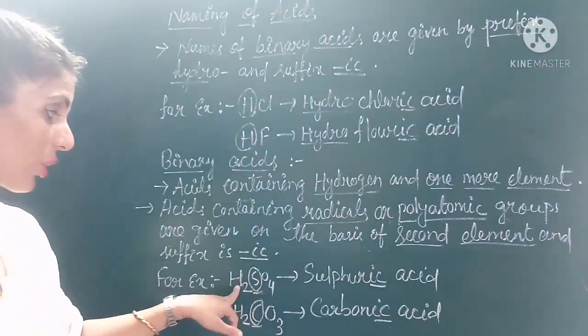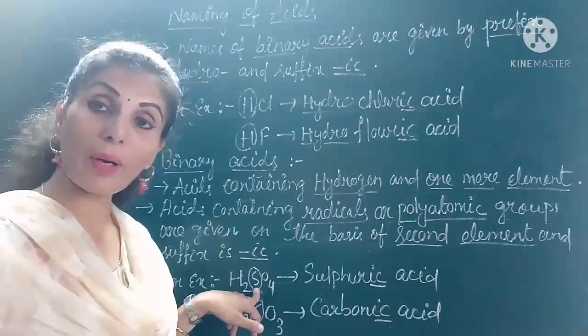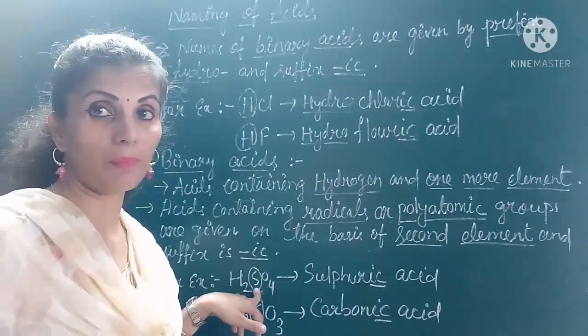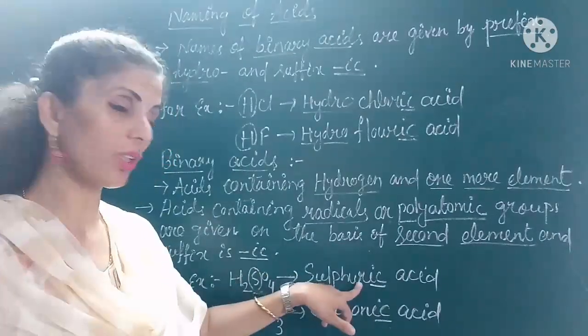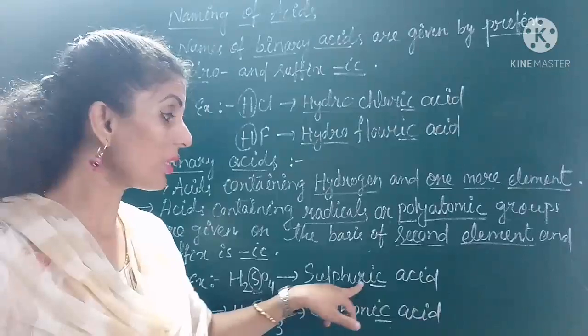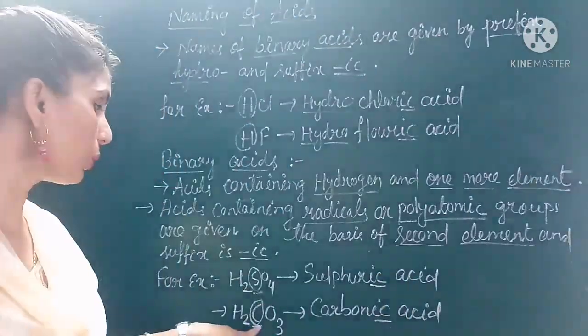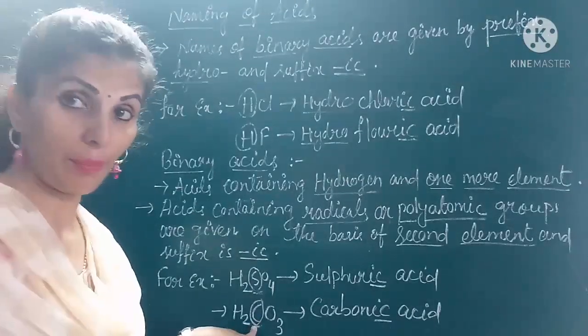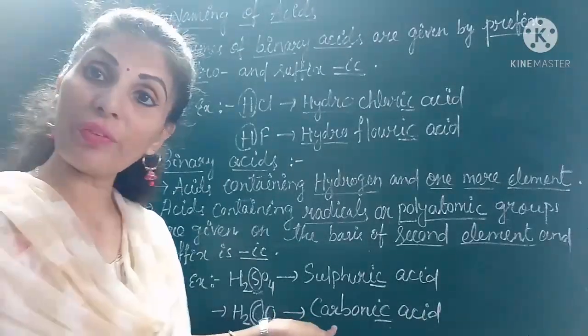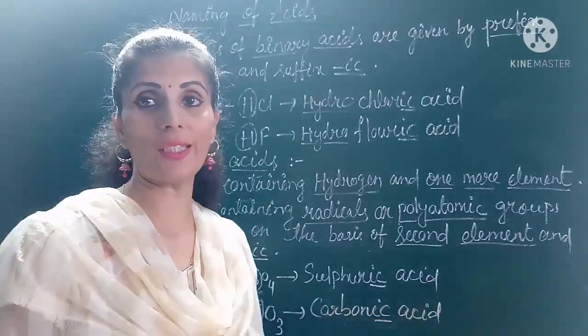H2SO4. Other than H, the second element is sulfur. That's why the name will come from sulfur, and the suffix is ic. So sulfuric acid. Like this. H2CO3. The second element is carbon. Then the suffix is ic. So it becomes carbonic acid.